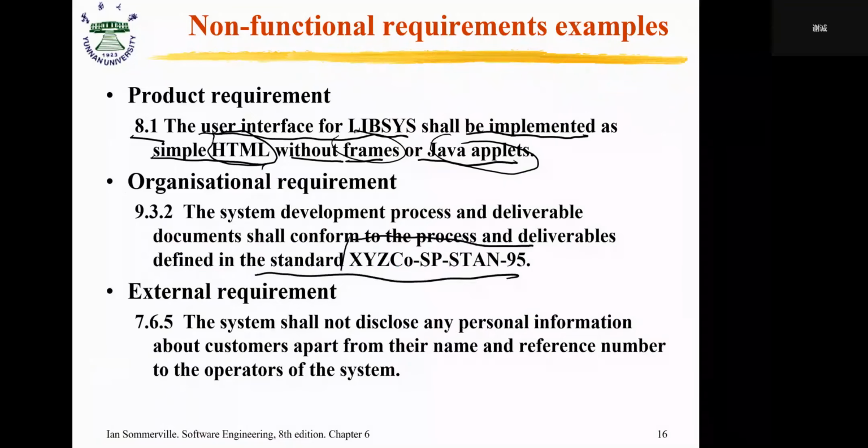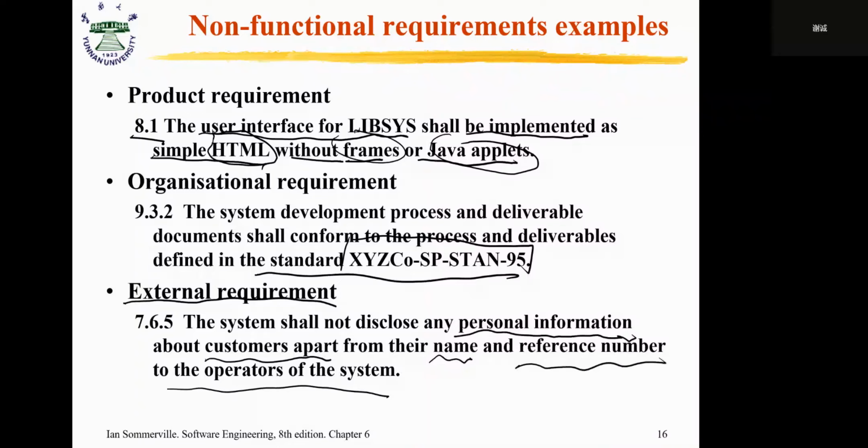This standard is a particular standard they defined, okay? You should follow some standard. And an example of an external requirement: the system shall not disclose any personal information about the customer apart from the name and reference number to the operator of the system. This means the administrator of the system cannot see the customer information. This is about privacy.